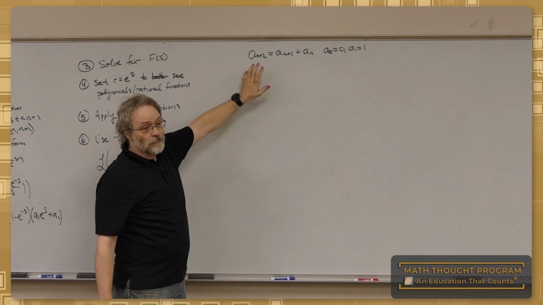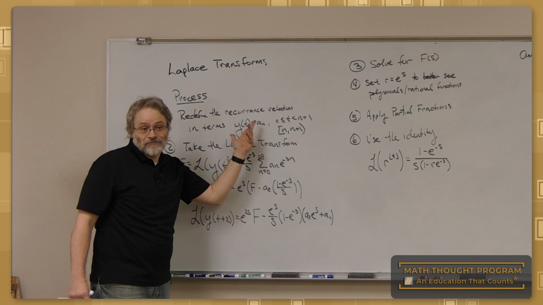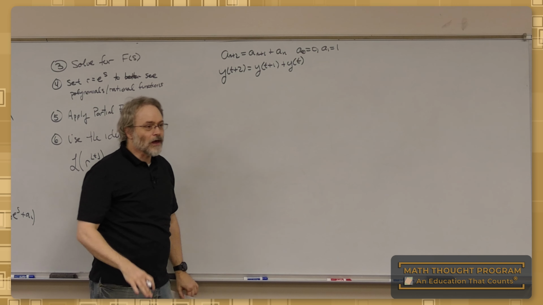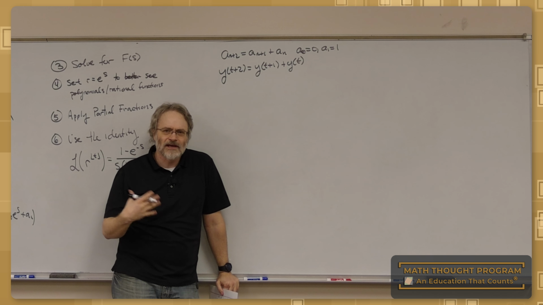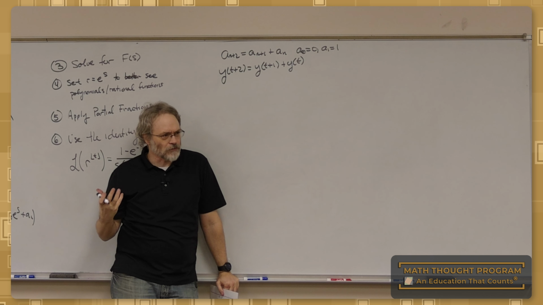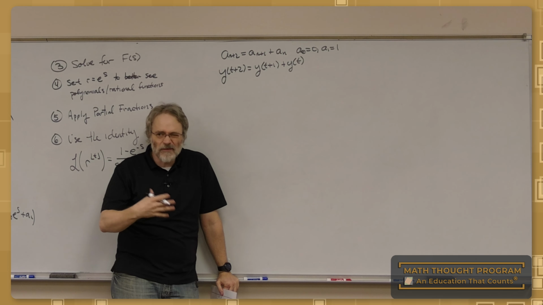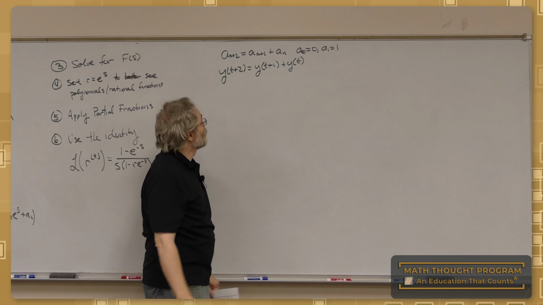So the first step is I want to go ahead and take this, and I just call it y. Without really realizing it, when you're doing this kind of process, you're basically taking the problem, which is in the discrete realm, and throwing it into the continuous realm, or maybe some kind of broken continuity, where we can start operating on the functions. Otherwise, we can't operate on discrete functions.